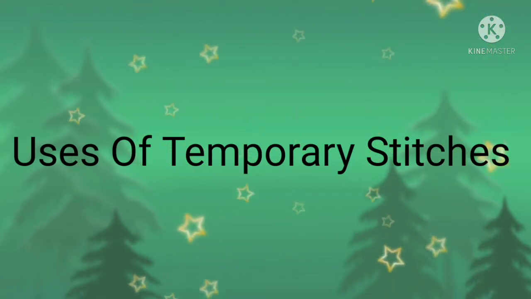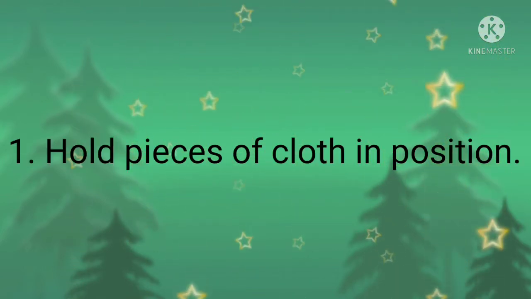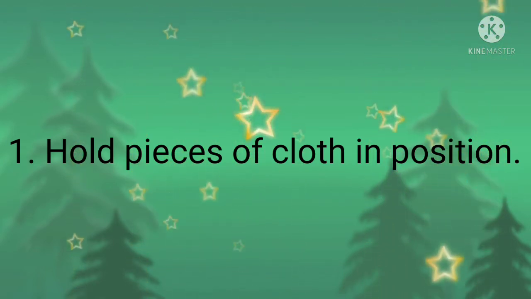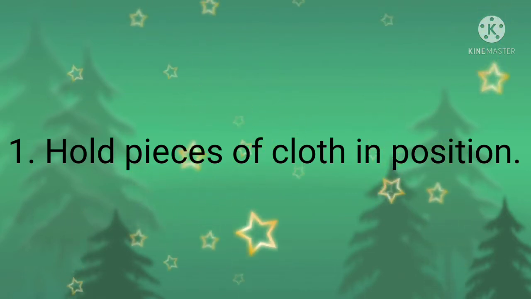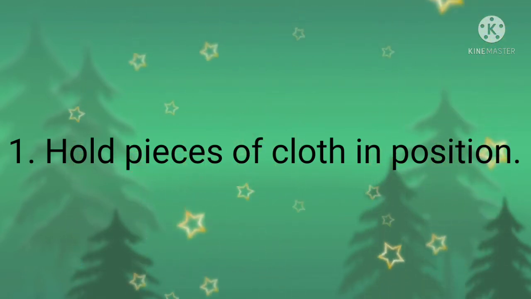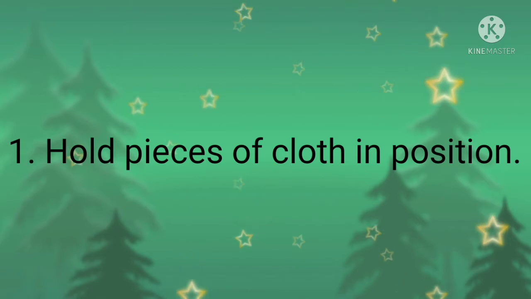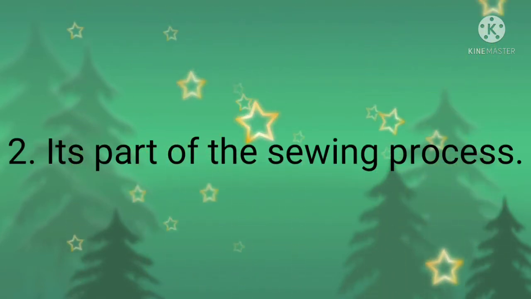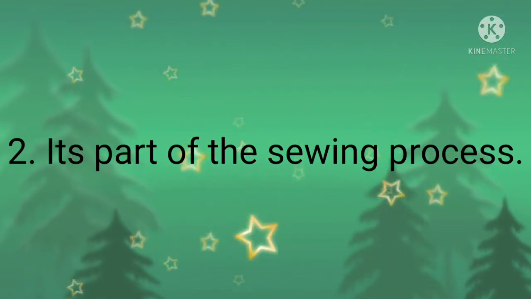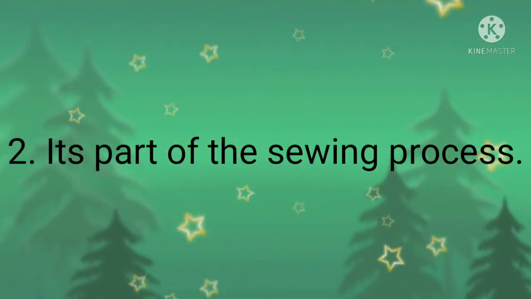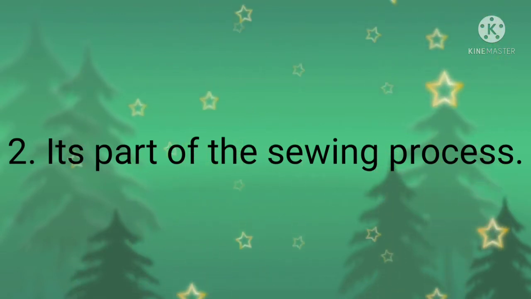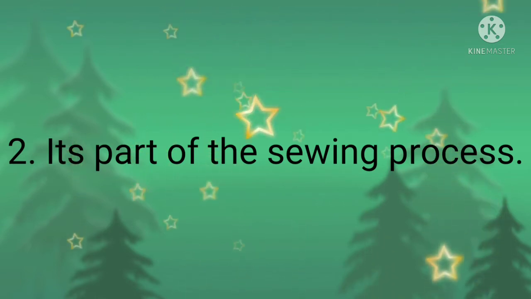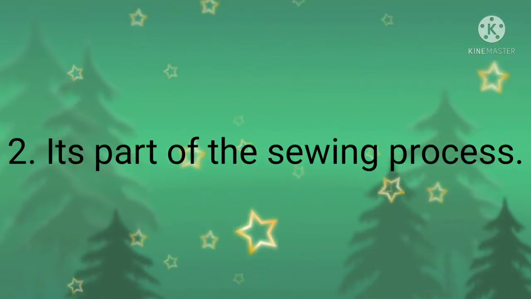So while we are working on a particular material, the temporary stitches help to hold pieces of cloth in position. Number two, it is part of the sewing process which aids the making of the permanent stitches.